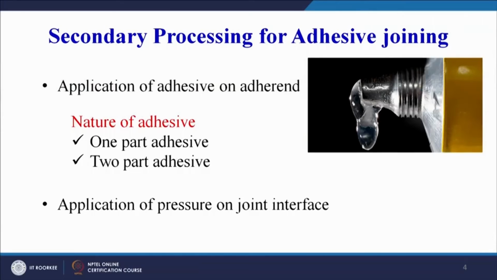Now adhesive can be one part adhesive or two part adhesive. Specifically you will see that when you buy a product of a specific company, there are two tubes containing different chemicals or different types of polymers.